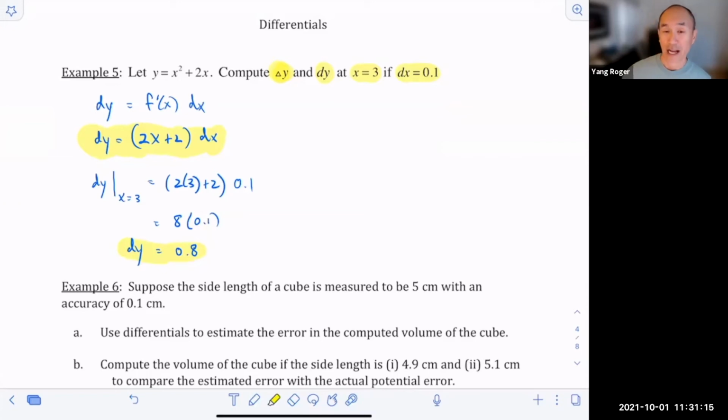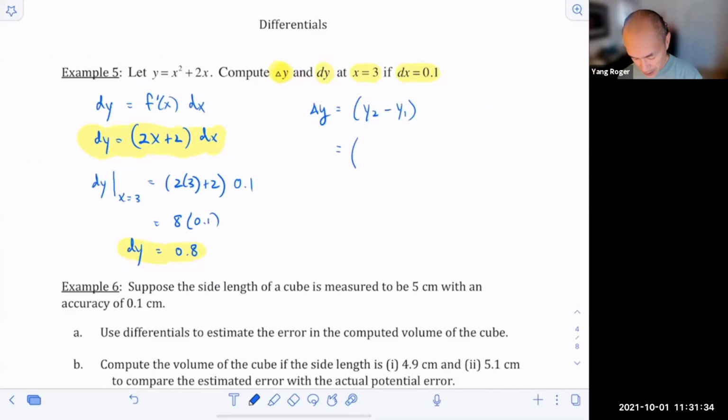Now I think that's a good approximation, but what's the real change in the y values? To find the real change in the y values, you need to subtract the 2 y values. In other words, we're going to need to plug in 3.1.